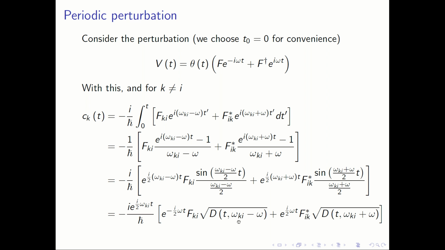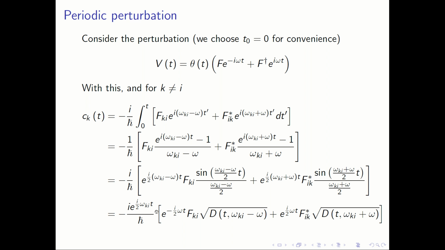So the square root of d(t, omega_ki minus omega), because the square of this is what d is defined to be. Here of course you have exactly the same factor, square root of d(t, omega_ki plus omega). And from this whole bracket I have taken the e to the i by 2 omega_ki t out, and you are just left with these factors here.